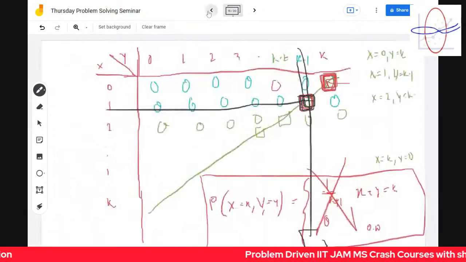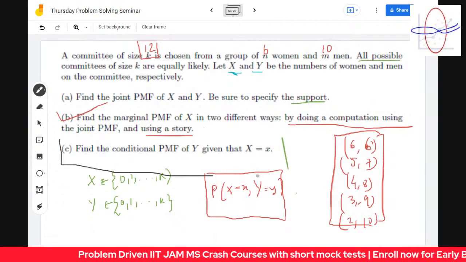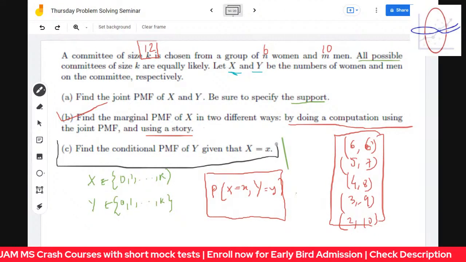So your homework is to find the conditional, the reverse one, the conditional PMF of Y given X. Find this out.